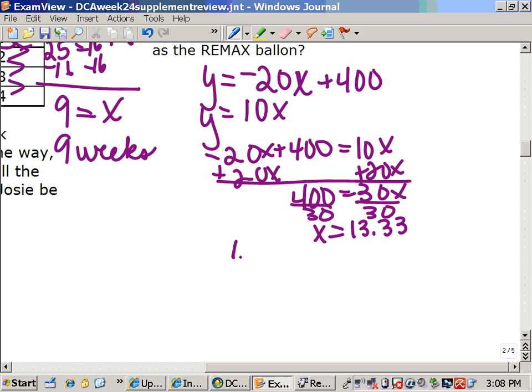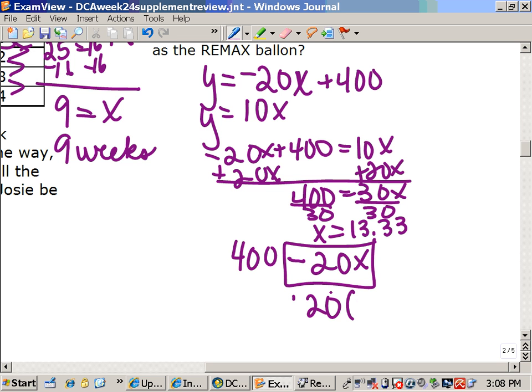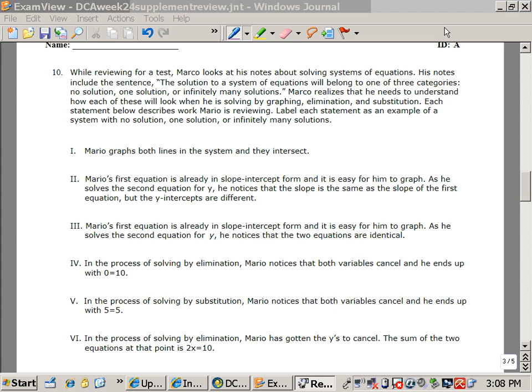So if I have a balloon that's starting at 400 and it's dropping at 20x, then all I really need is this part, 20x. So negative 20 times 13.33, and that gives me 266.67 feet.